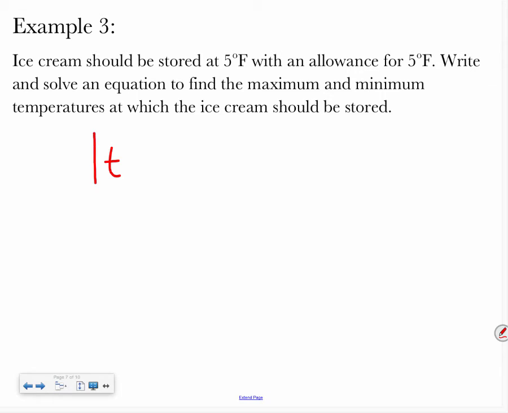So we're going to take the absolute value of T minus 5 equals 5. Okay? The absolute value of T minus 5 equals 5. So no matter what this temperature is, it should end up being within 5.